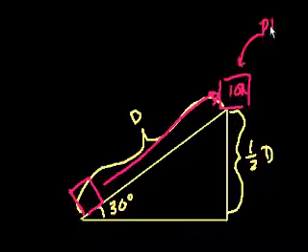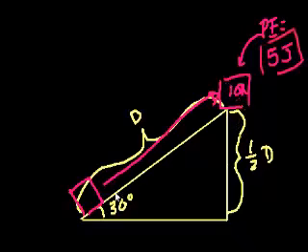So potential energy at this point has to equal 10 newtons times the height, which is going to be 5 joules. And that's also the amount of work one has to put into the system in order to get it this high in the air. So we would have had to put 5 joules of work in to get the box up to this point. So what is the force that we had to apply?